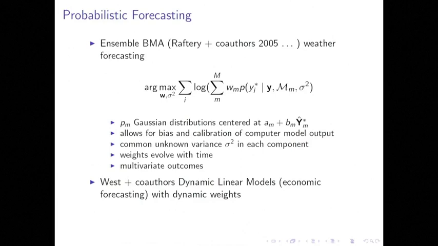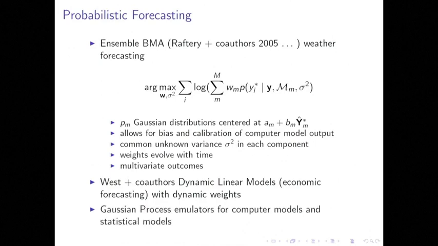But it's also the idea of trying to build a model where the weights could evolve over time. And again, there can be Gaussian process emulators for computer models, statistical models. Those might be some of the building blocks that one might want to use in coming up with the models in here, instead of just the simple Gaussian distributions.